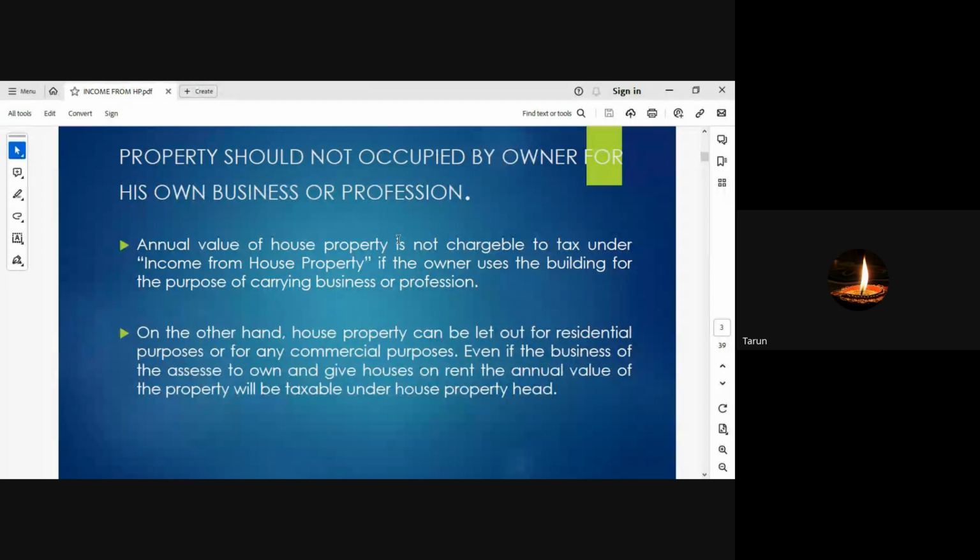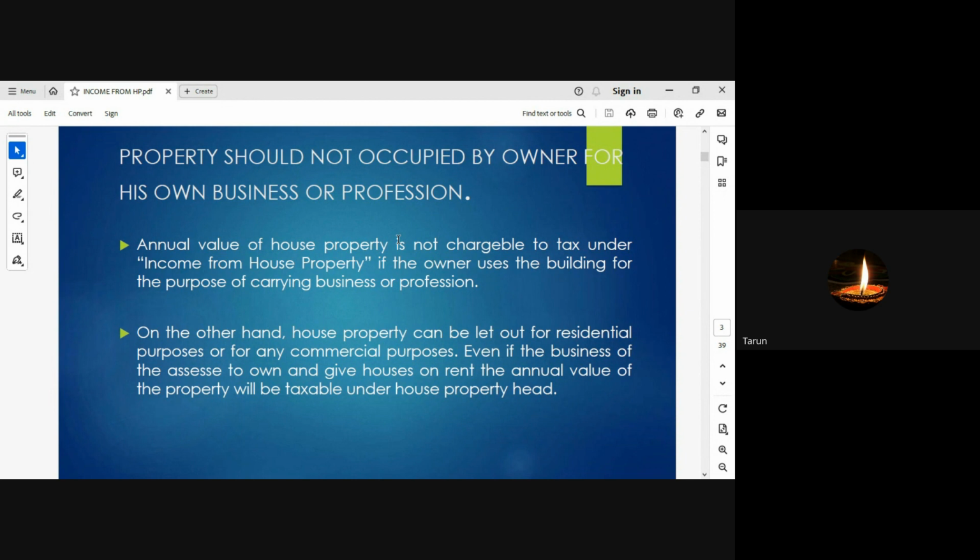On the other hand, if the owner has let out the property for residential or other commercial purposes, even if the business of the owner is to own and give houses on rent, the annual value of the property will be taxable under the house property head. I already told you, the annual value will be taxable if the property has been rented out for commercial or residential purposes.